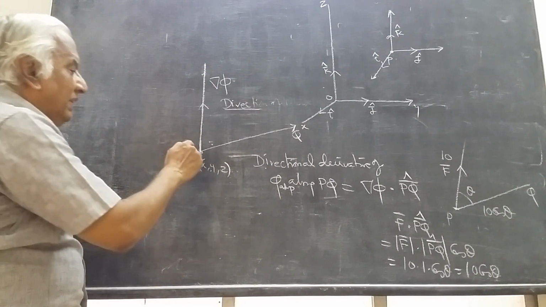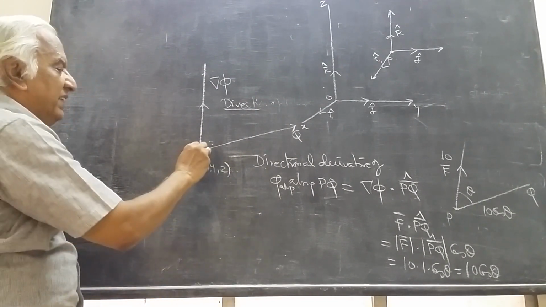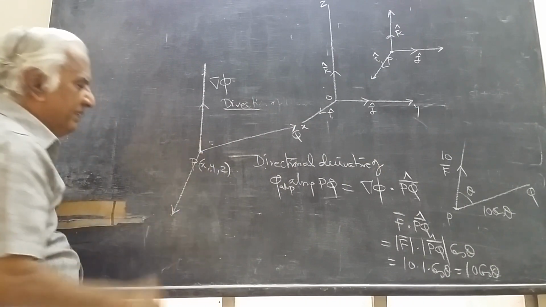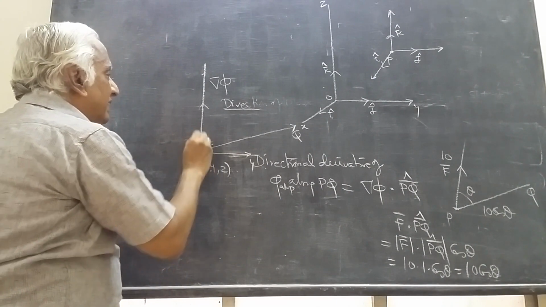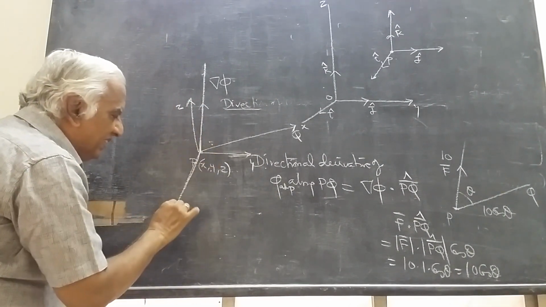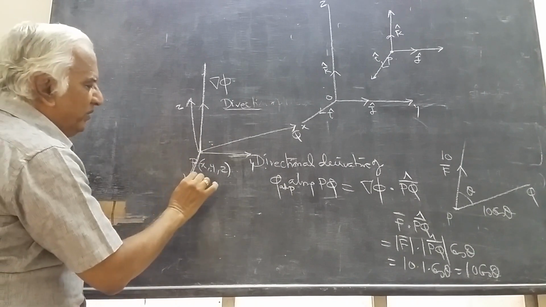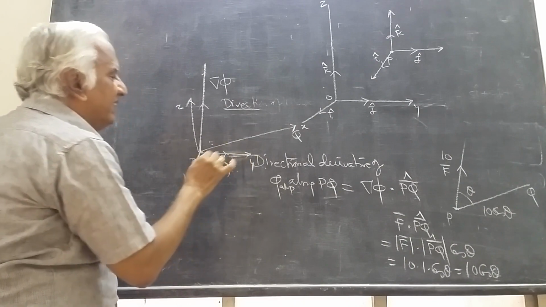Now, at the point P, in the direction of x-axis, what is the change? I will draw a line parallel to x-axis. Along y-axis, here. Along z-axis, here. Along x-axis, we know the unit vector. What is the unit vector? i. Along y-axis, what is the unit vector? j.